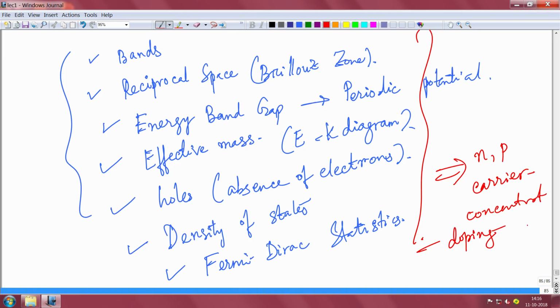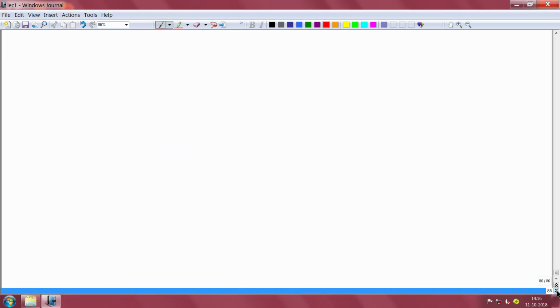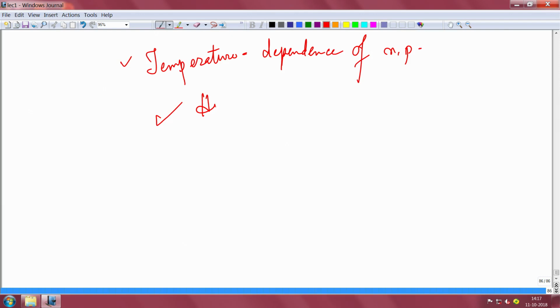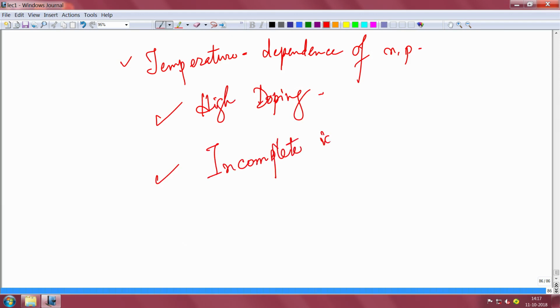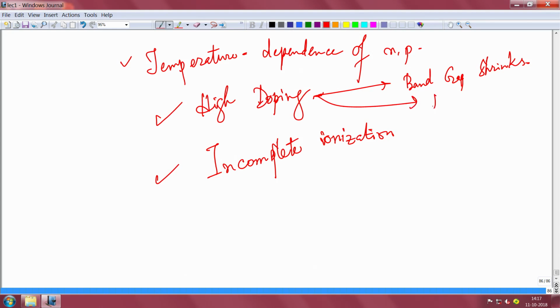We have also done the temperature dependence of carrier concentration N and P. I have talked about high doping effects, and incomplete ionization, which is very important. In high doping effects, we have discussed band gap narrowing. Band gap can shrink, and there will be band tails. We have also discussed how you apply the Joyce-Dixon approximation to calculate charge density and so on. These are things that we have studied.